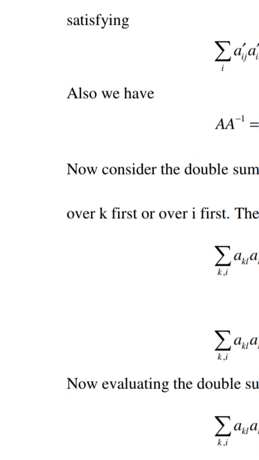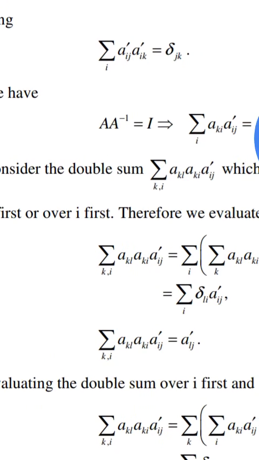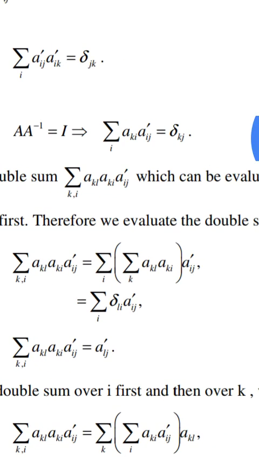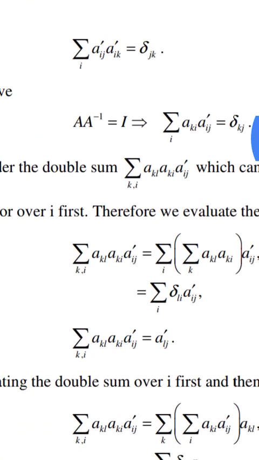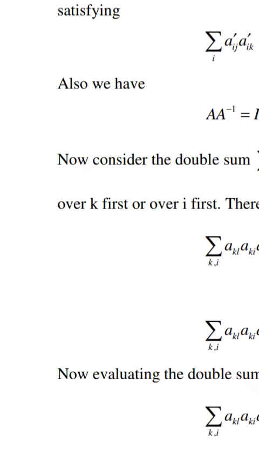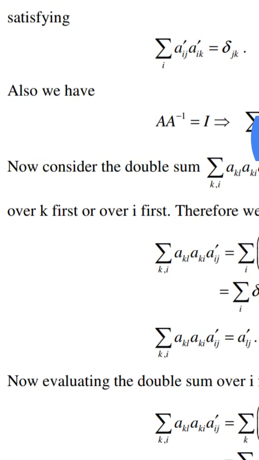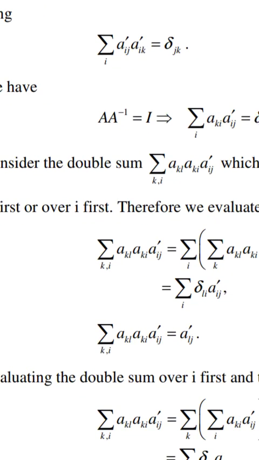Now consider the double sum, summation of Aki, Akj, Aij dash, which can be evaluated either by summing over k first or over i first.